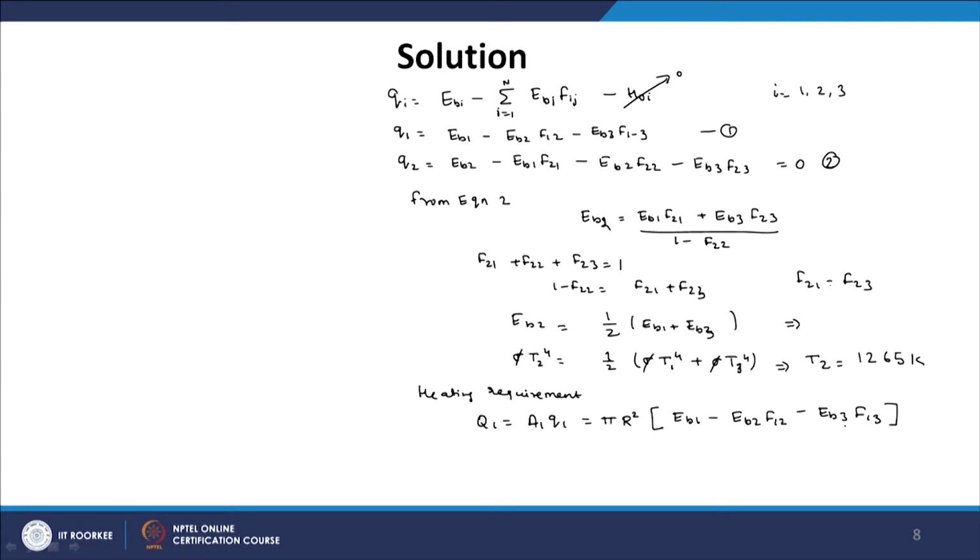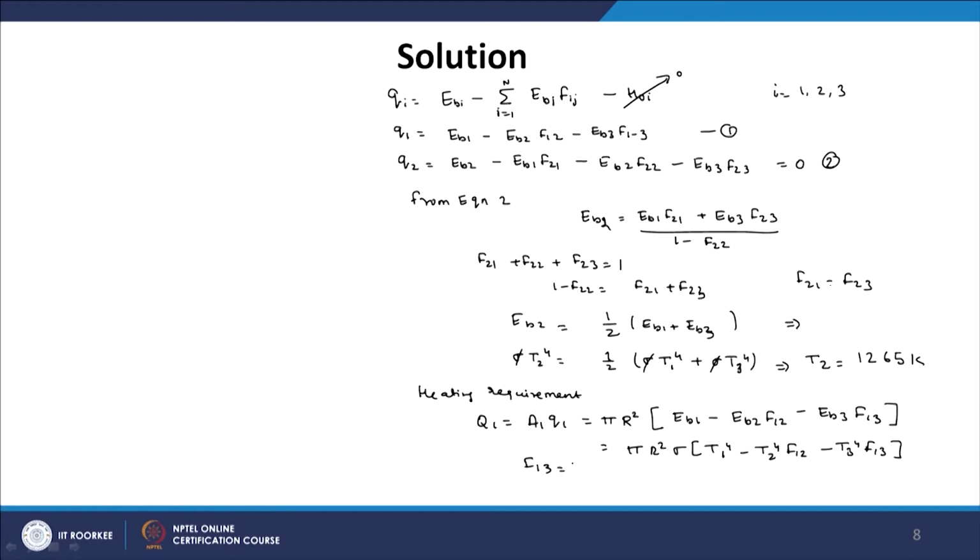Eb1 we know, so this will be equal to pi r square sigma, T1 to the power 4, where T1 we know is 1500 Kelvin, minus T2 to the power 4, where T2 we have already found, times F12, minus T3 to the power 4 times F13. Now, all these view factors we can calculate using the table in the book. I will just give you the values here.